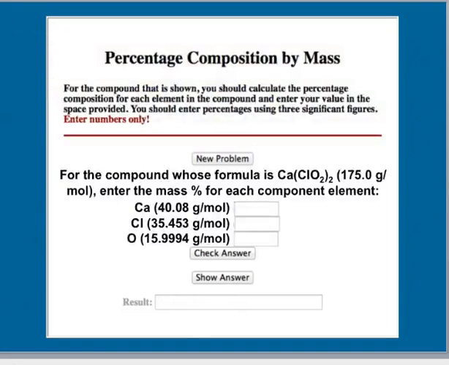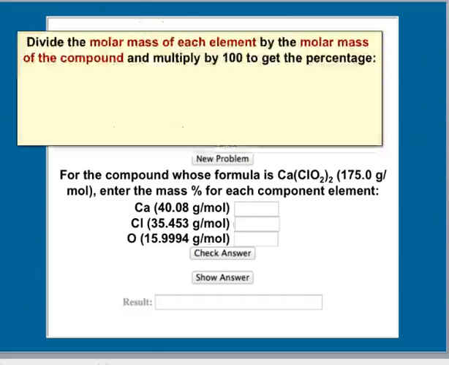It's always going to be +2. Calcium chloride. There's 1 calcium per. 40 grams each, 175 our total. Percentage of calcium, 22.9.